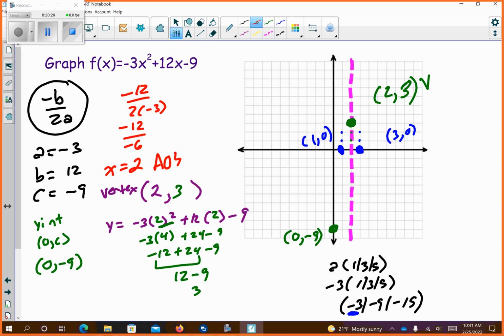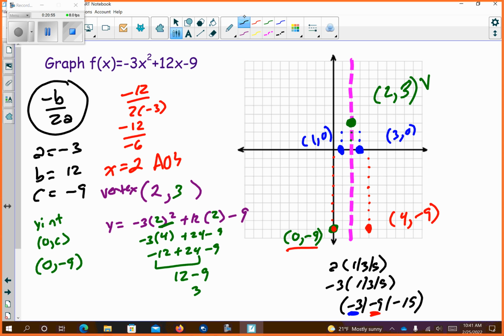Okay, I think I can pattern graph one more. I think I can plug the 9 in. So I'm going to go for my blue dot. I'm going to go left 1 down 9. Oh, lo and behold, that's the same point. And then right 1 down 9. So it looks like the point (4, negative 9).